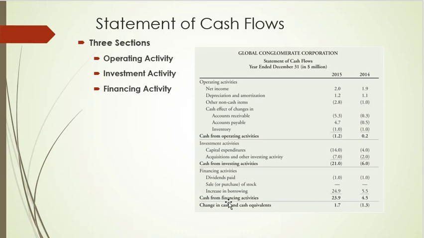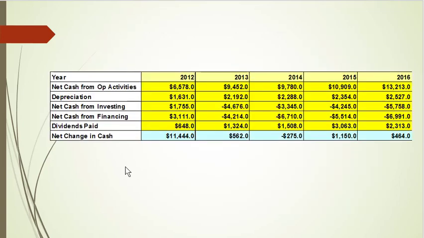The only way they were able to increase cash was by borrowing money. So they borrowed a substantial amount of cash to keep this company afloat this year. If you note, the year before, they actually had a negative change in cash for the company. Again, this is part of the analysis process, trying to determine how management is making the company grow. This is kind of insightful, I think, with this particular company on this spreadsheet.